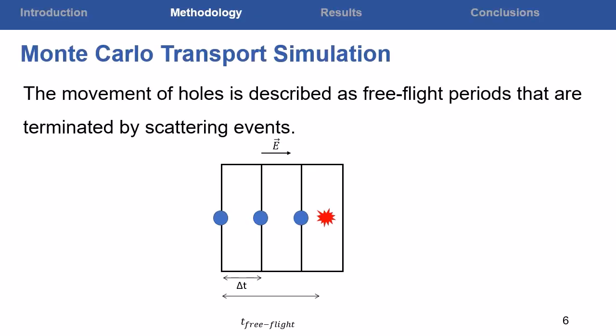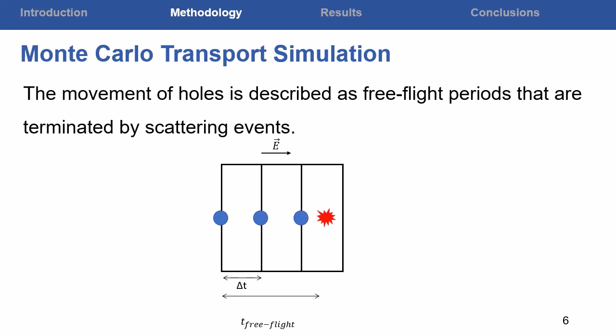In a Monte Carlo transport simulation, the movement of holes is described as free flight periods that are ended by scattering events. During the free flight periods, the holes are only subjected to an electrical field, and at the end of the free flight period, a scattering event must occur. The scattering events may change the energy and the momentum of holes.